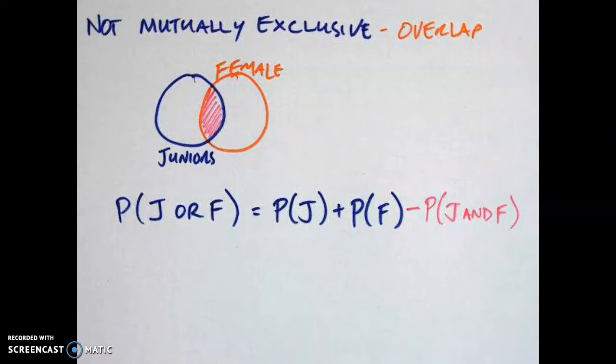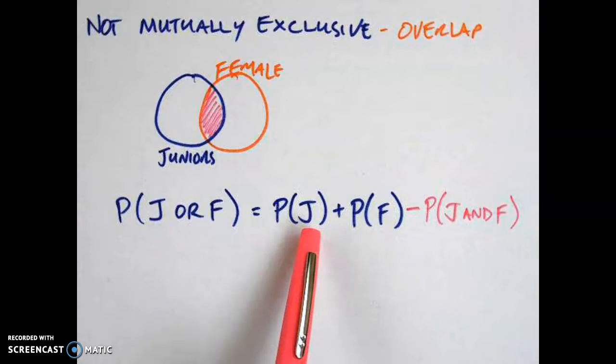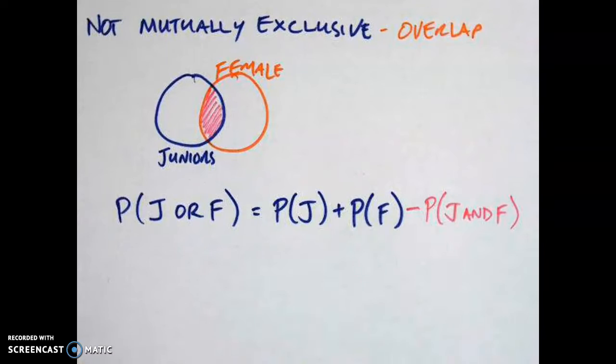Okay? The blue circle plus the orange circle minus the overlap. Make sense? We talked about this last week?